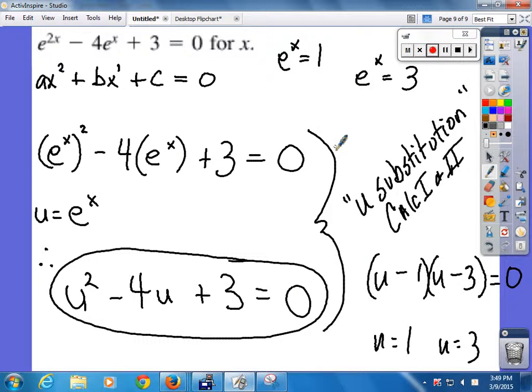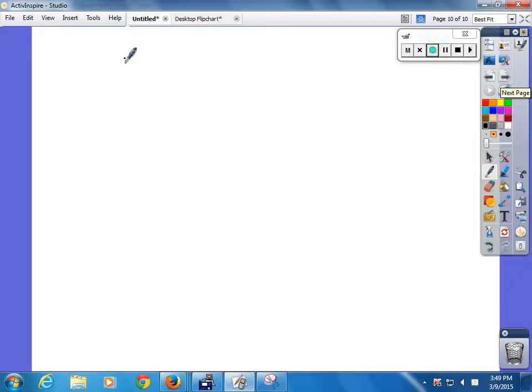Now I'm going to show you a trick I learned in the war. E to the x is equal to 1, and e to the x is equal to 3. Now this little trick is something that you're going to use in differential equations a lot. A lot.